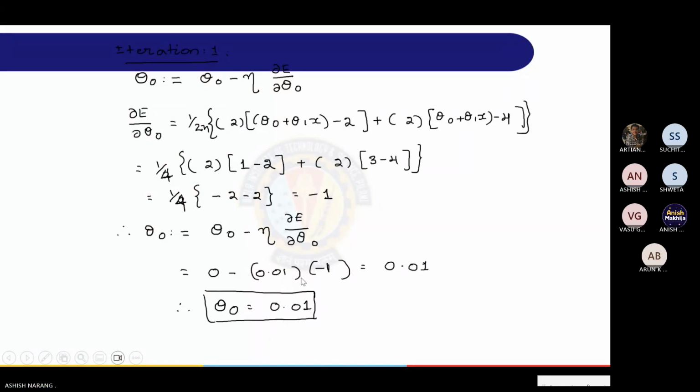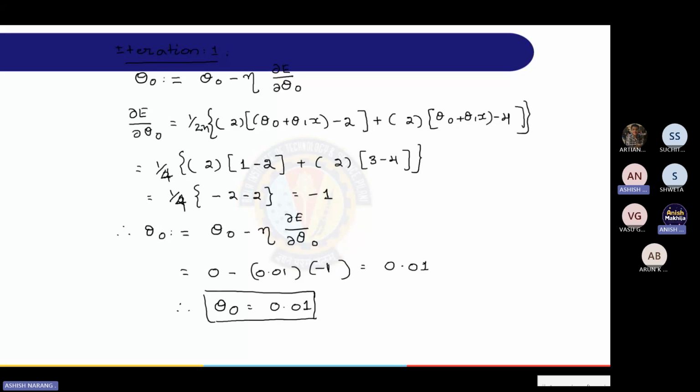What will be the value? 0.095, plus 0.01. Sorry, sir, I took the value of theta different. Anyway, you got the idea, right? How to do it.